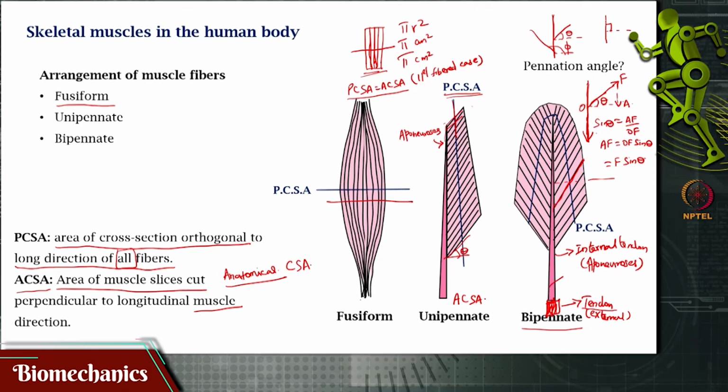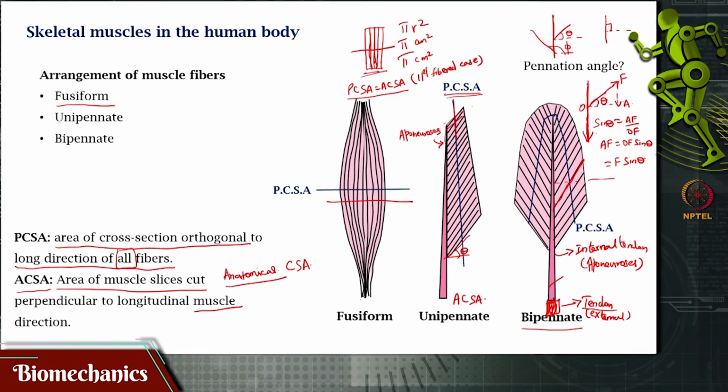But almost always, for all other values of theta, which is what you will see in the pennation case, you will have a case where sin theta is less than 1. That means that there is going to be an inefficiency. And sometimes theta can be very low also.